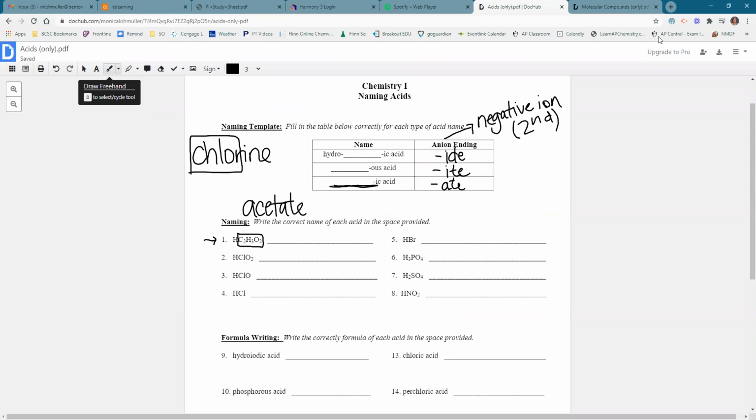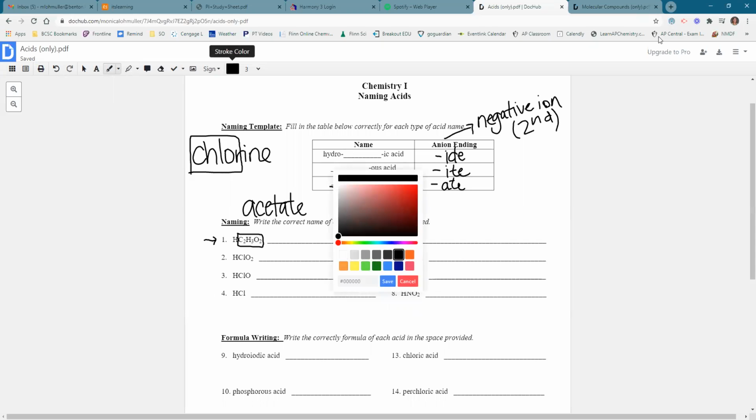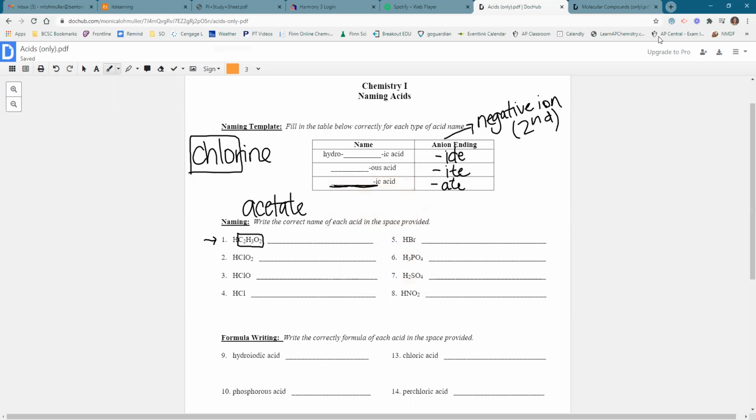And this is where that anion ending, the second thing, what's the name of it, comes into play. Since we have the ATE ending, we are going to take off the ATE ending and add the IC from this part right here.